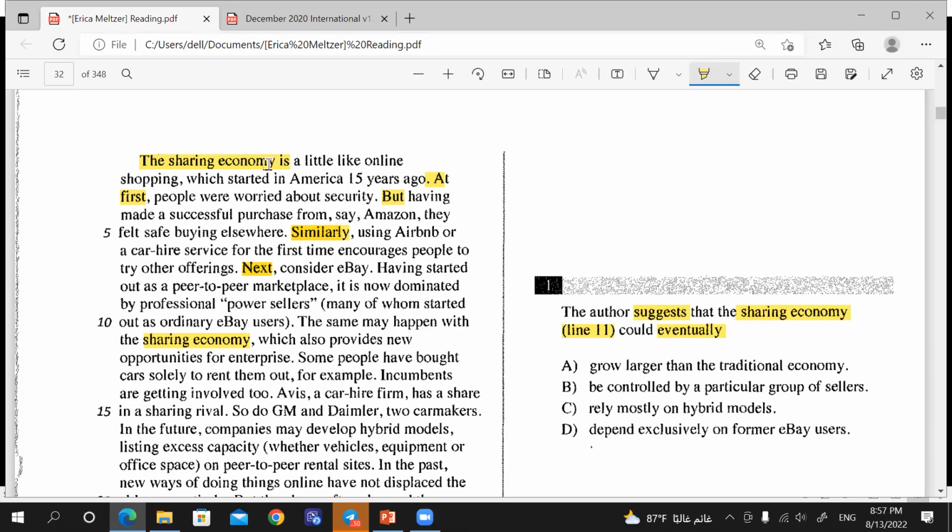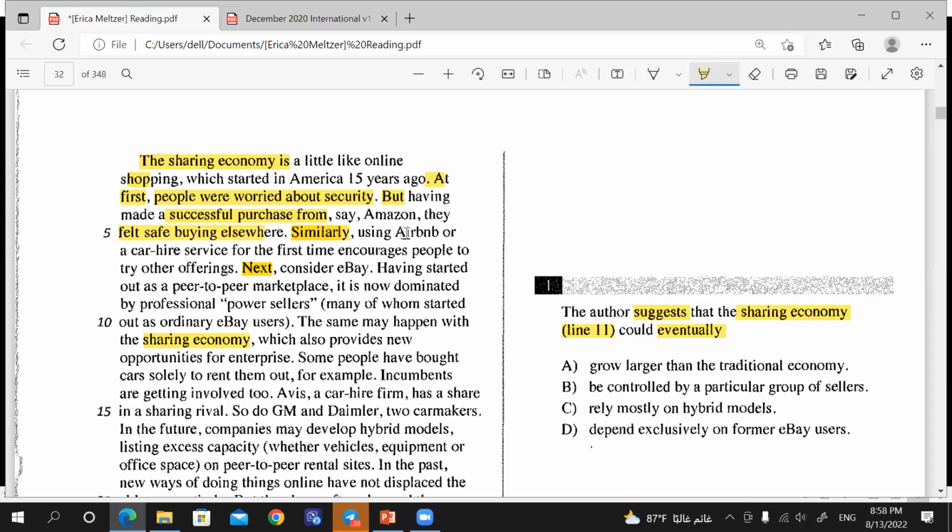The sharing economy is a little like online shopping, which started in America 15 years ago. At first, people were worried about security, but having made a successful purchase from, say, Amazon, they felt safe buying elsewhere.